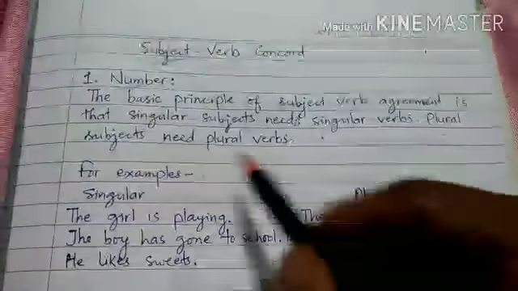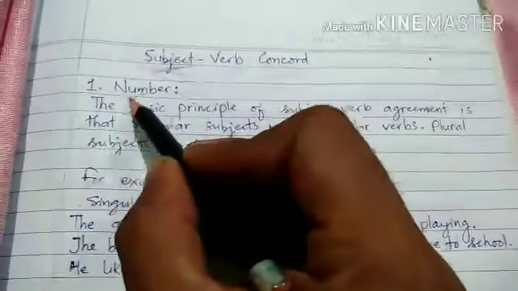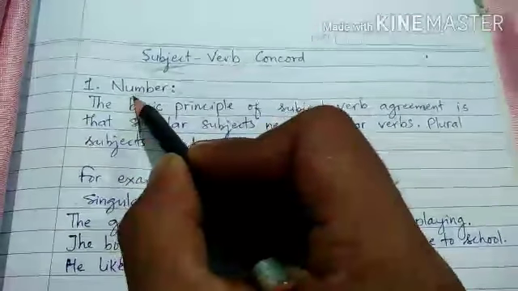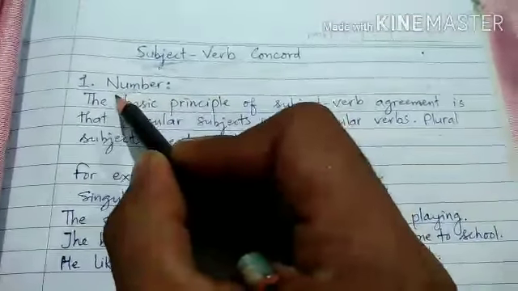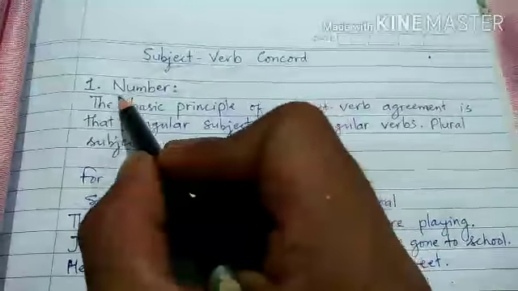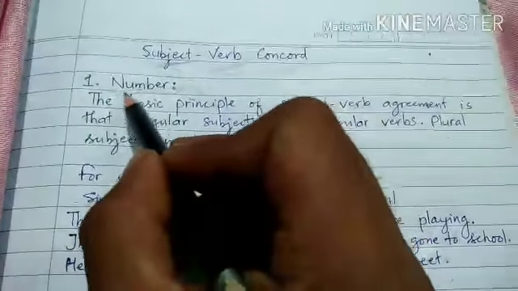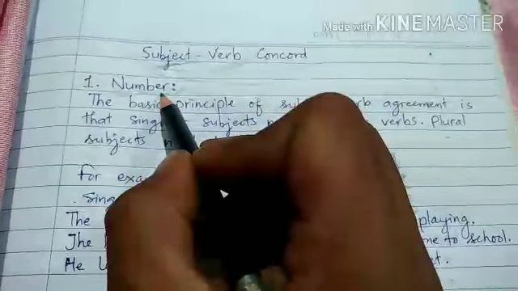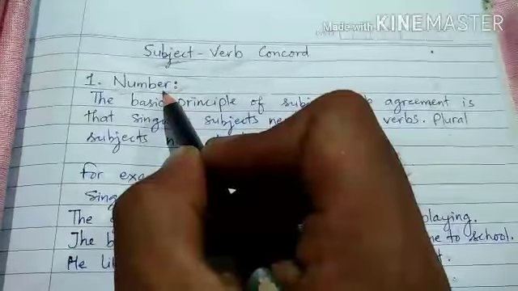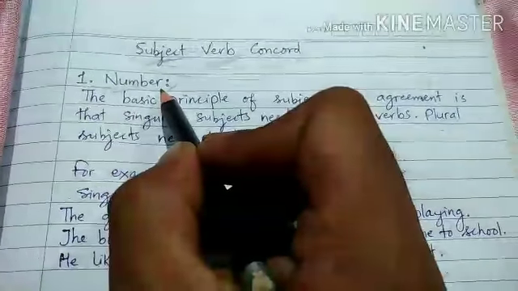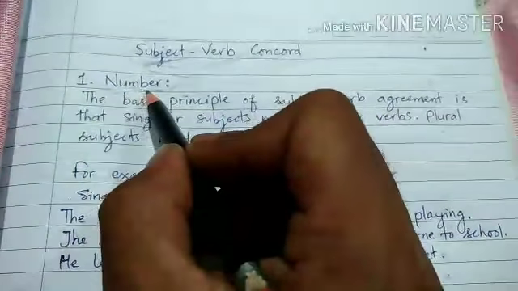Okay students, so the first concept to make ourselves clear about the use of verbs with the subjects is number. So number here refers to the number of subjects. I already made you understand that subject is the part of the sentence that stands for the sentence about which we write the sentence.